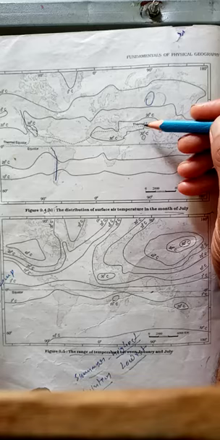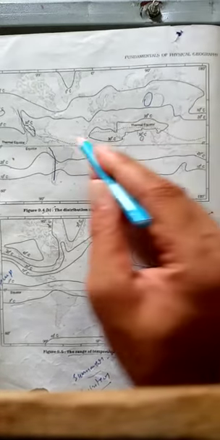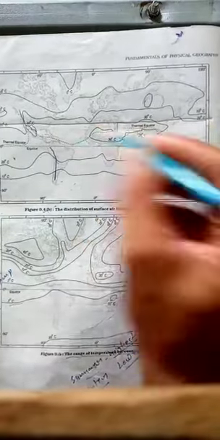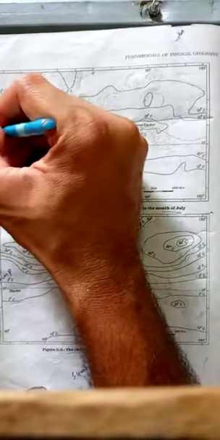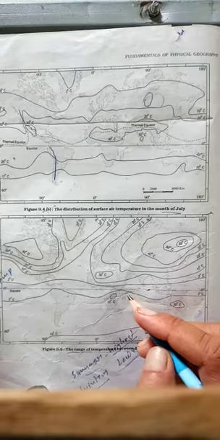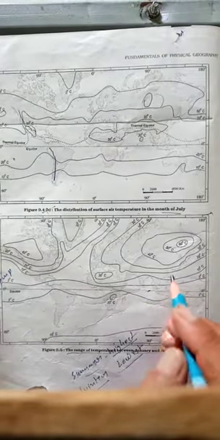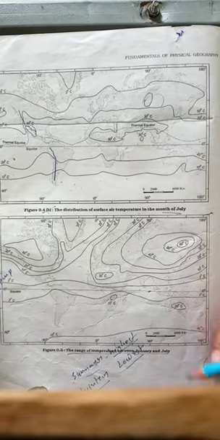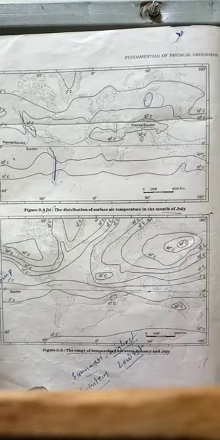With the apparent movement of the sun toward the Tropic of Cancer, 23 and a half degrees north, all isotherms are displaced slightly toward the north, but there is little variation in their general tendency.